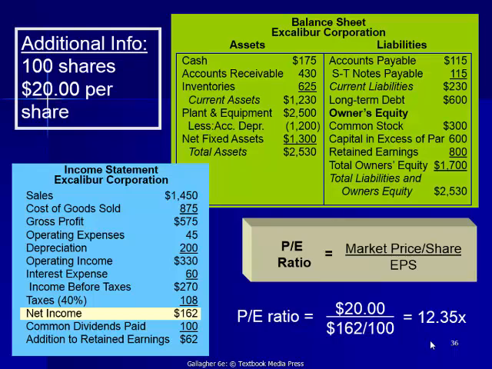This is 12.35 times. So the market is willing to pay $12.35 for each dollar worth of current earnings that the firm is generating. Clearly, anyone who buys the stock at $20 per share today is buying the entitlement to future earnings, which do not show up in this particular ratio.